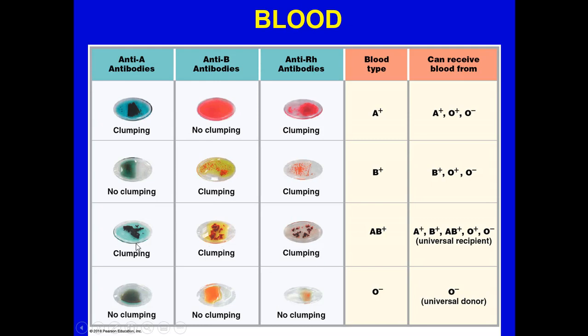Let's just say that you were AB positive. You've got clumping for A, clumping for B, as well as clumping for the RH factor. Now, take it to the other extreme. If you were O negative, you would have no clumping for A, no clumping for B, and no clumping for the RH factor.